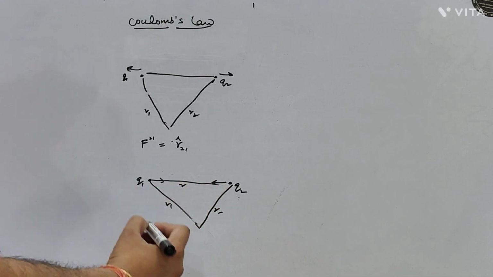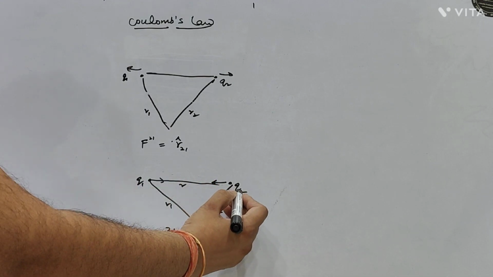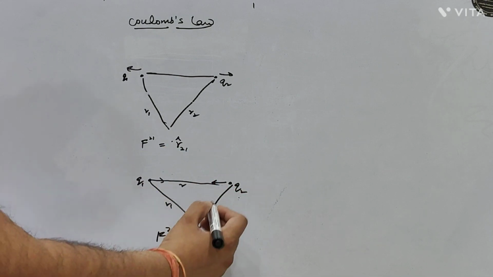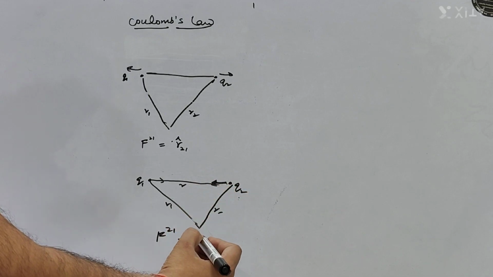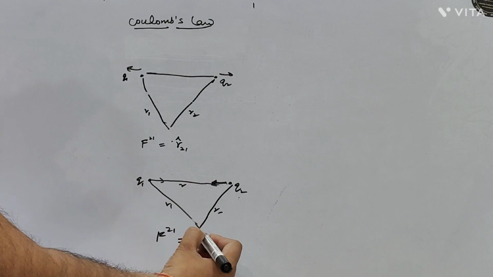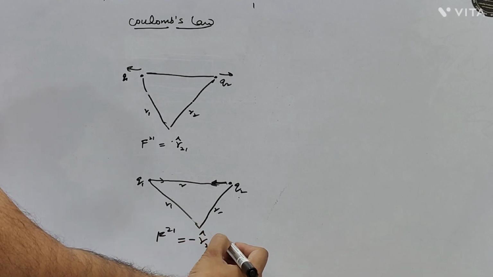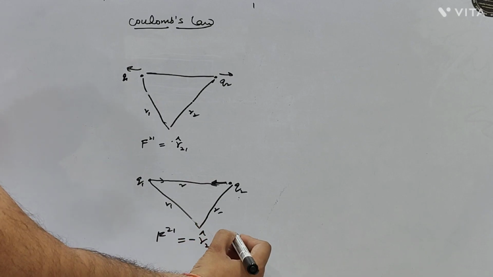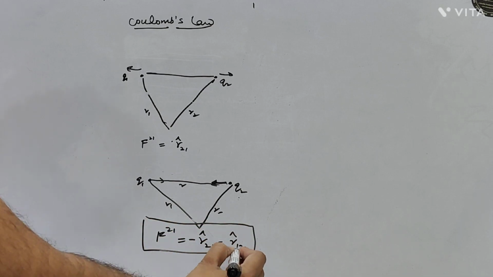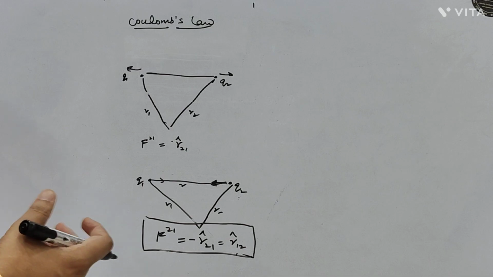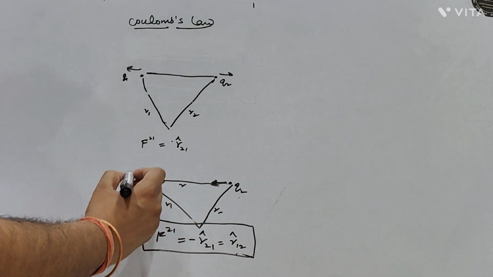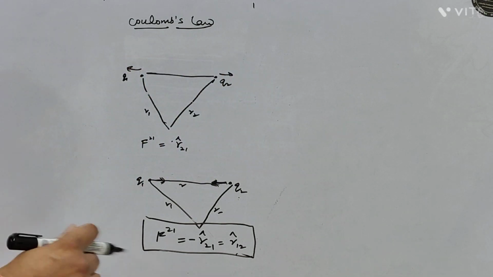Then the force on Q2 by Q1, F21, is opposite in direction, so a minus sign with r21, or it can also be written as r12, if they are opposite charges attracting each other. The force now is in this direction, not in that direction.